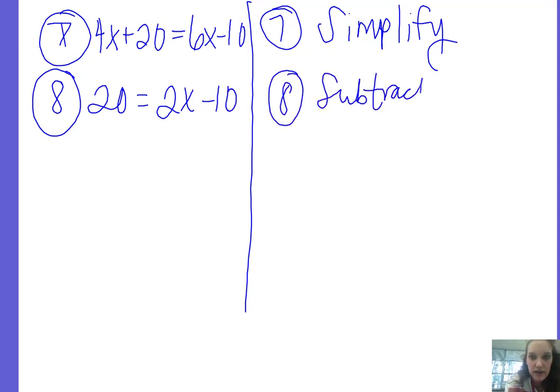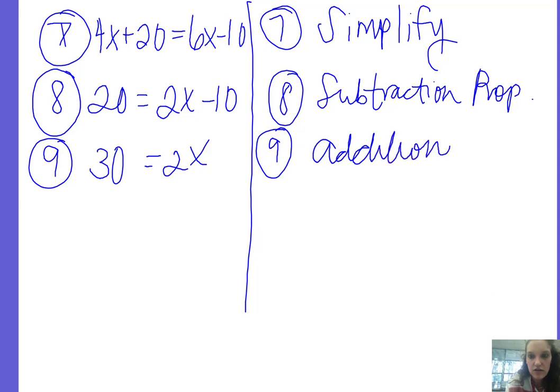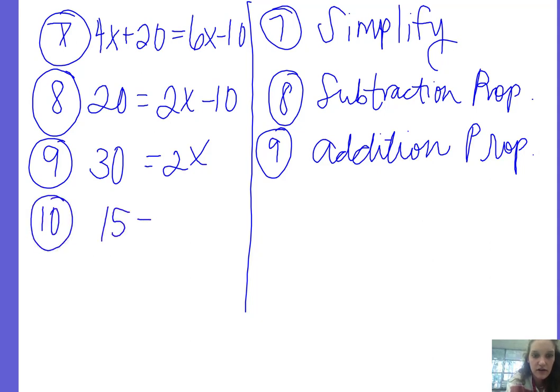Subtraction property. Now I'm going to add 10 to both sides to get 30 equals 2x. Addition property. Then I'm going to divide by 2 on both sides. Division property.